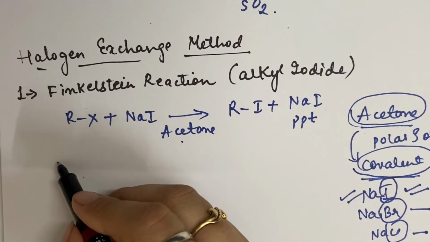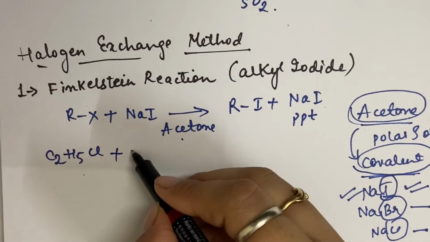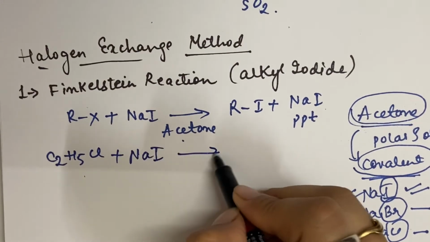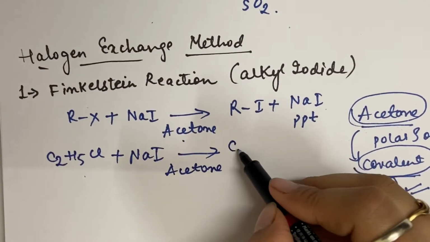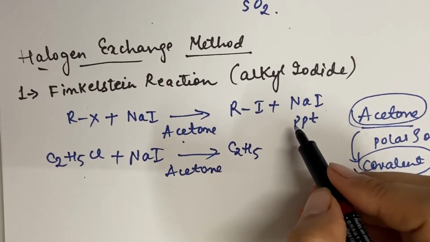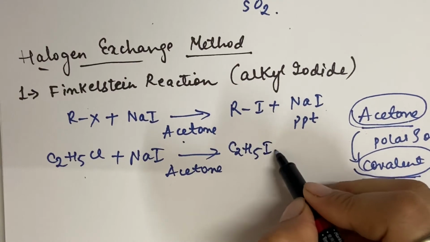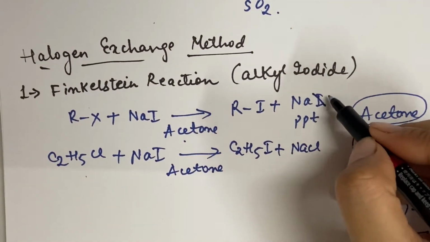So you can write down the reactions. C2H5Cl plus NaI in the presence of acetone. What will be the product? It will be C2H5I plus NaCl. Sorry, here it should be NaX.